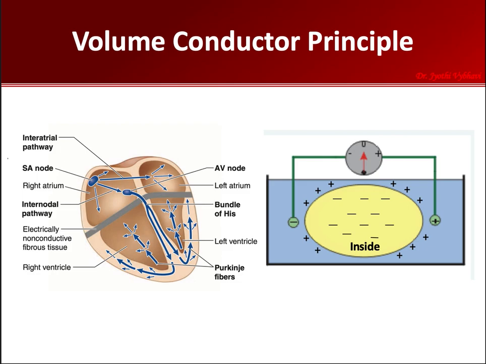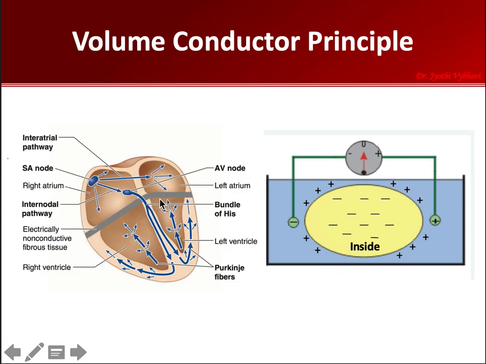So if I can show you in the experiment, I take a piece of this cardiac tissue and put it over here. This yellow color is the piece of cardiac tissue, and I have taken a salt solution which is represented as the body fluids, and I am putting the electrodes. So whatever electrical activity is happening in the heart, the depolarization and the repolarization is nothing but electrical activity, the change of electrical field. Whenever electrical charges are moving, there is a kind of electromagnetic field happening around the tissue.